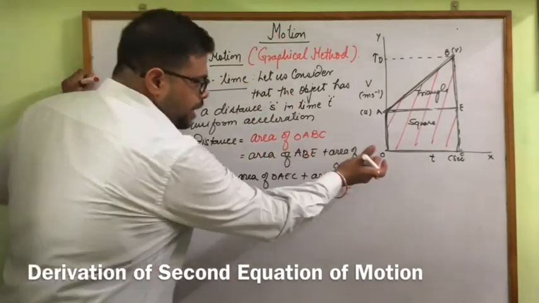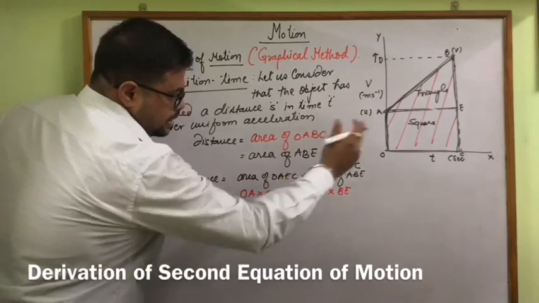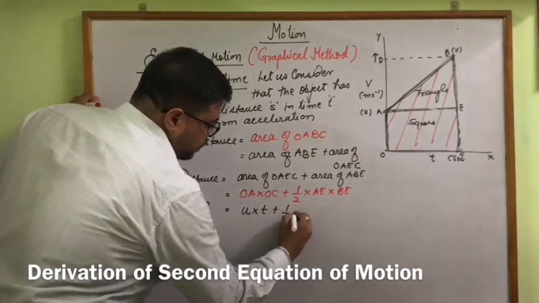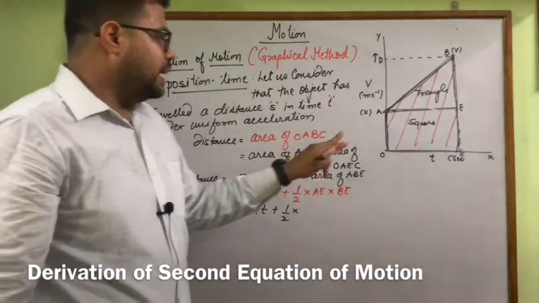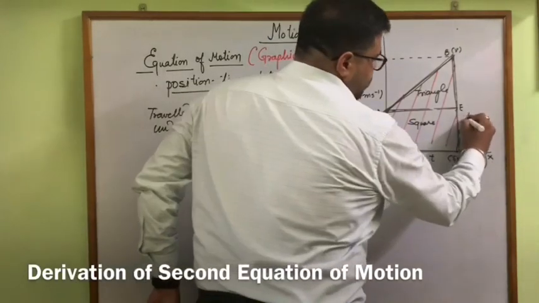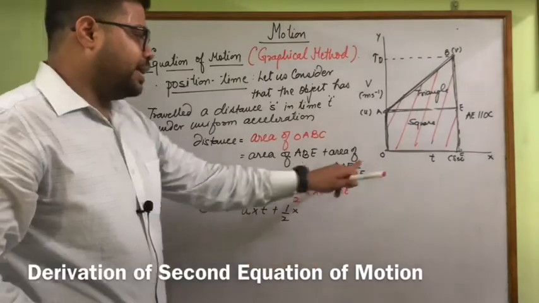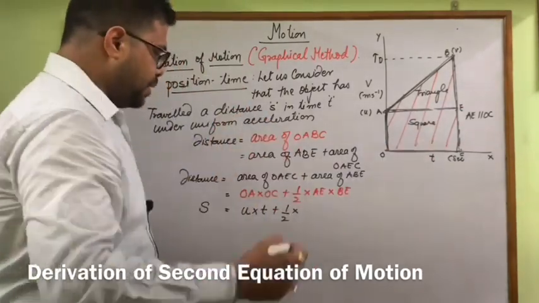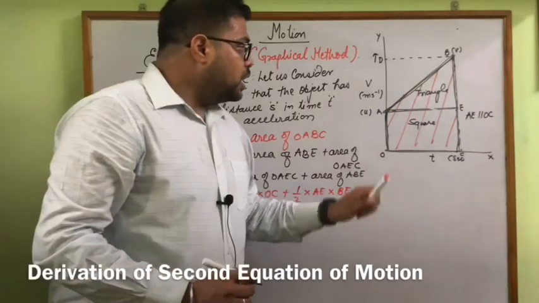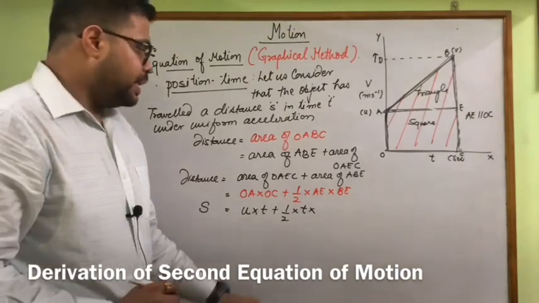OA, we already described, is the initial velocity u, and OC is the time interval t, plus half AE. What is AE? Here AE is parallel to OC, so definitely we can write here t, the time interval. And what about BE? The change in velocity, definitely.